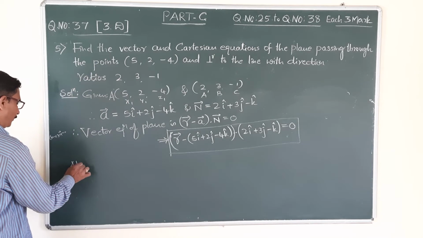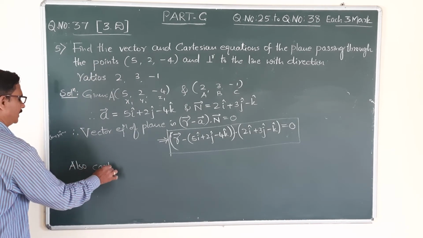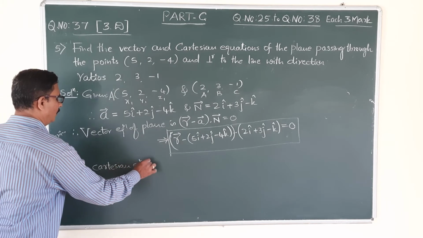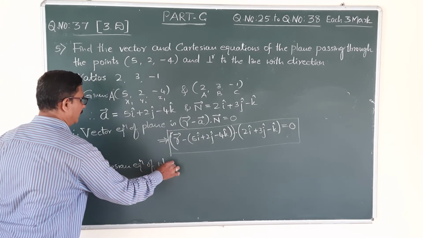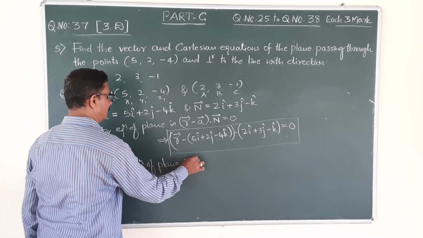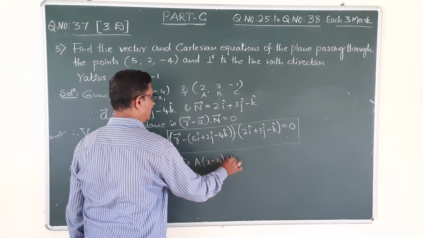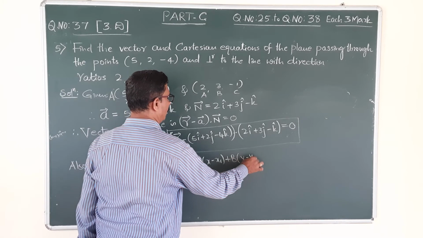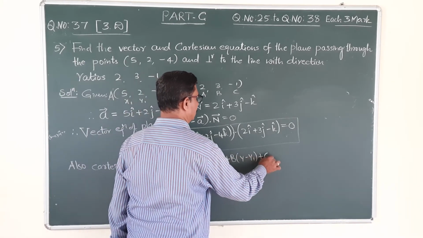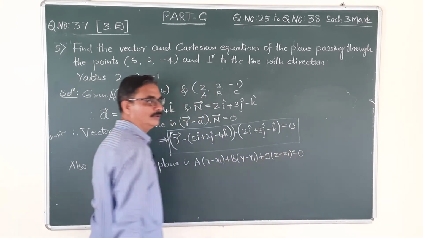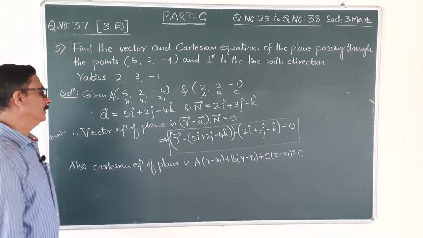Also, to find the Cartesian equation of the plane, it is given by the formula a(x − x1) + b(y − y1) + c(z − z1) = 0.